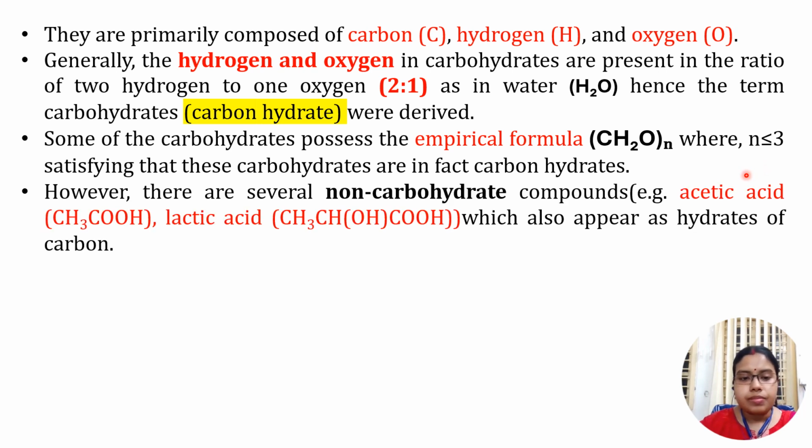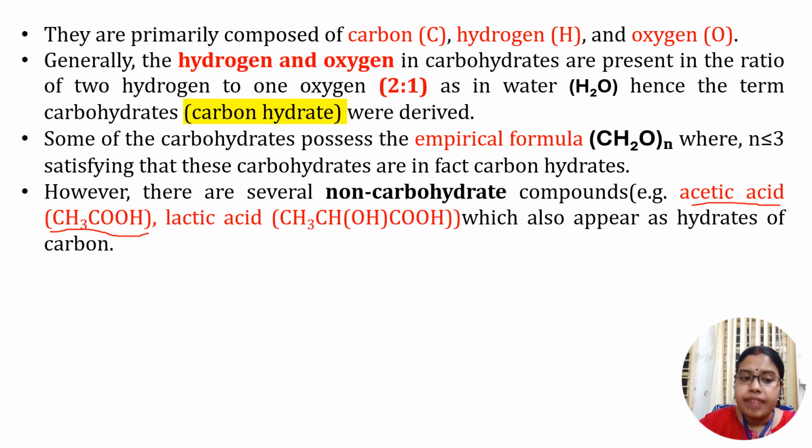But there are several non-carbohydrate compounds also, like acetic acid and lactic acid, which also appear as hydrates of carbon. Acetic acid has the formula CH3COOH, that means C2H4O2. So here also the hydrogen to oxygen ratio is 2:1.